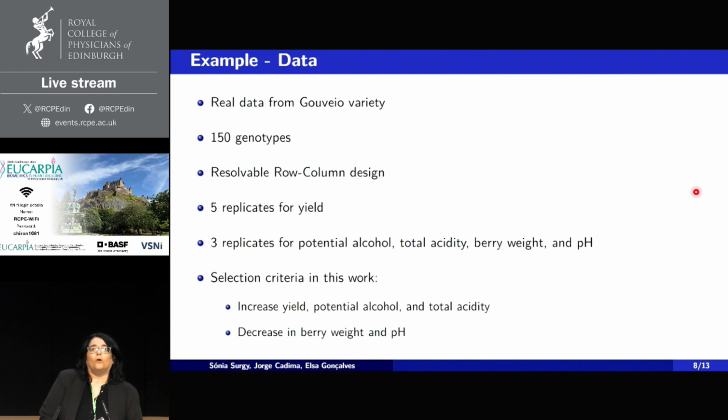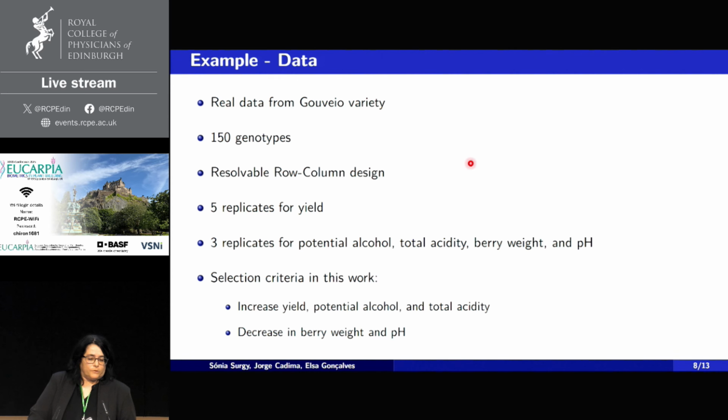The package also includes a data set with envelopes of genotypic effects obtained from real data from a field trial with 150 genotypes of the Portuguese grapevine variety Gouveio.